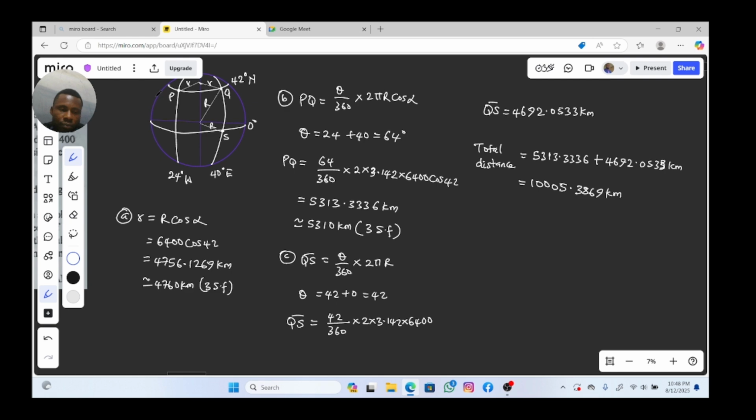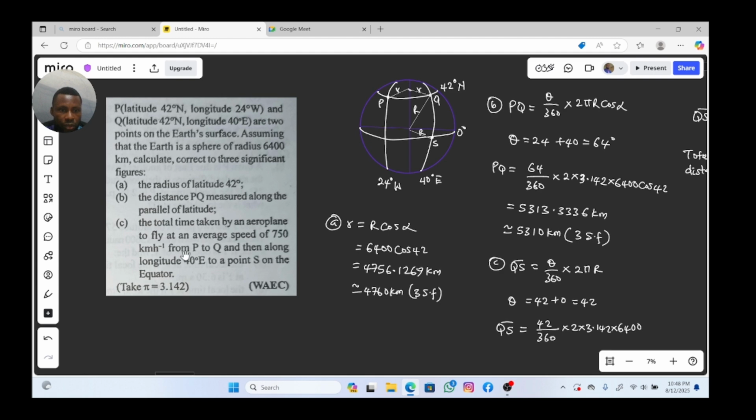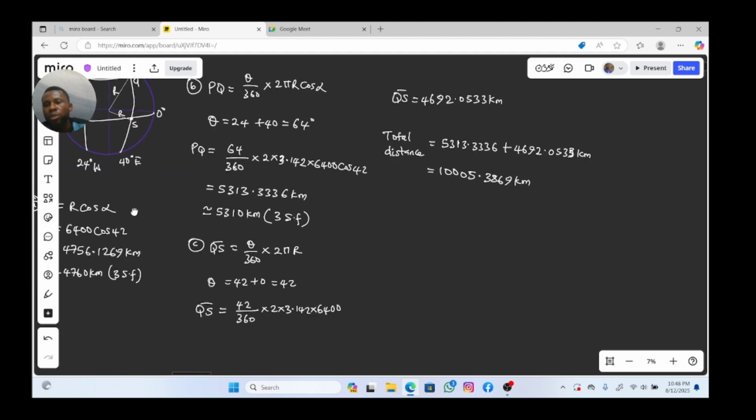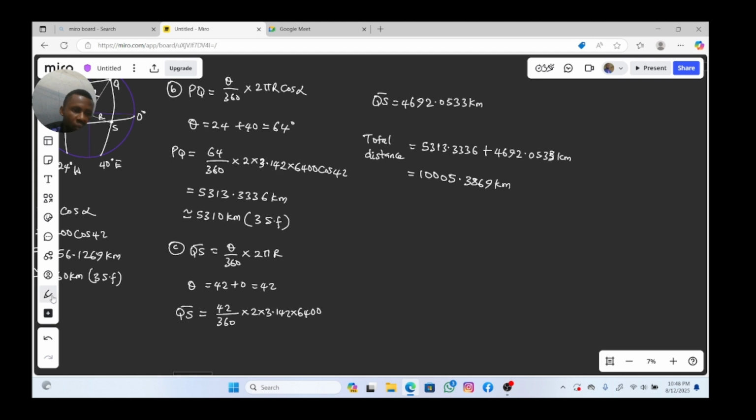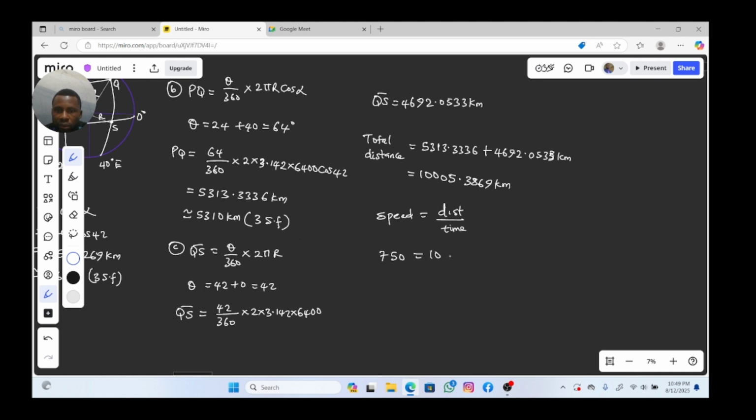So from the question, the speed is already given. The speed is in kilometers per hour, which is 750. So we are asked to get the total time. The formula for speed we all know is speed is equal to distance over time. So the speed is given to be 750, and the total distance traveled is 10005.3869 over time, and time I can call it x.